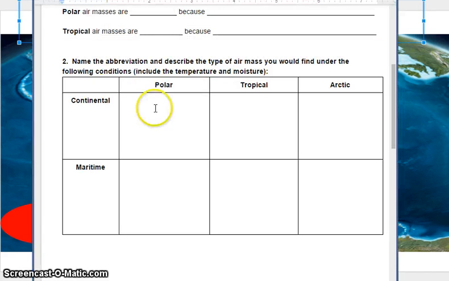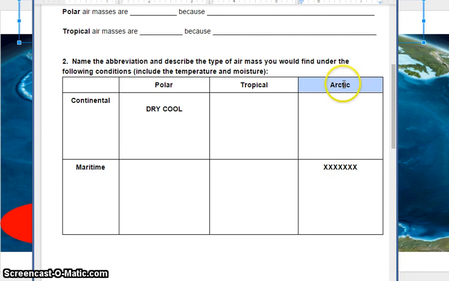So now, you should be filling into these boxes, right? Continental polar, so continental means it's dry, and polar means that it's cool. Alright, so right now you should be able to fill in the rest of these charts. There is no such thing as maritime Arctic.